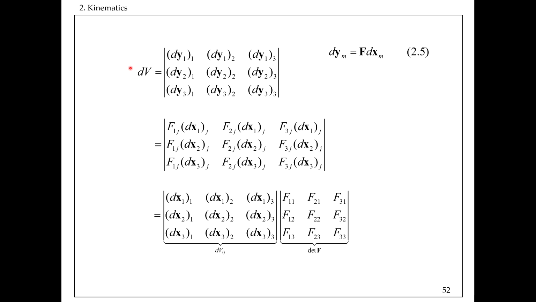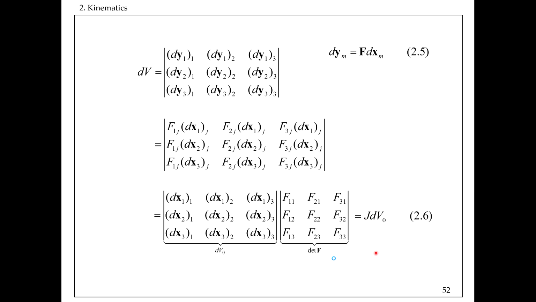So we start from dv. dv in the deformed configuration is equal to dv0 multiplied by determinant f, and this is a very important result for us. Here we introduce a new name for the determinant f, called j.